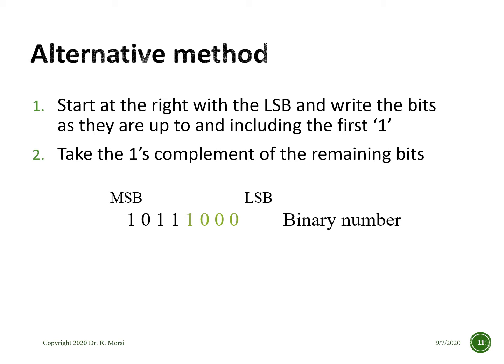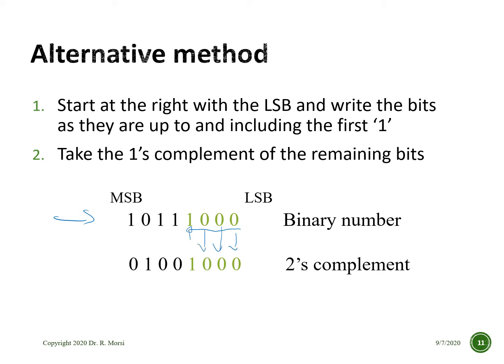Here's the number we start with, right there. So here's my numbers all the way up to and including the first 1. I drop everything up to and including the first 1, and then I flip everything afterwards, do the 1's complement on it.